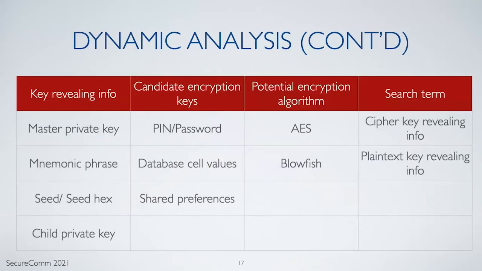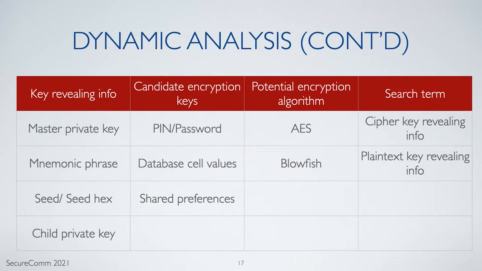We generate a list of search keys and look for the keys in artifacts. For example, mnemonic phrase is a key revealing information and needs to be protected. In Android, AES is the most popular encryption algorithm.